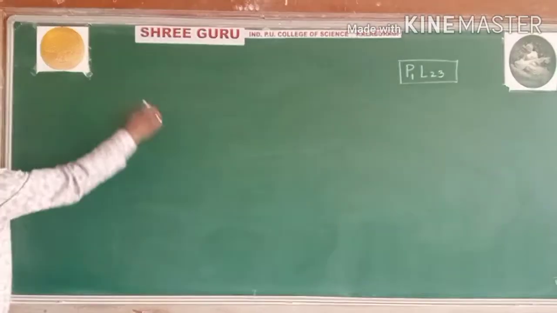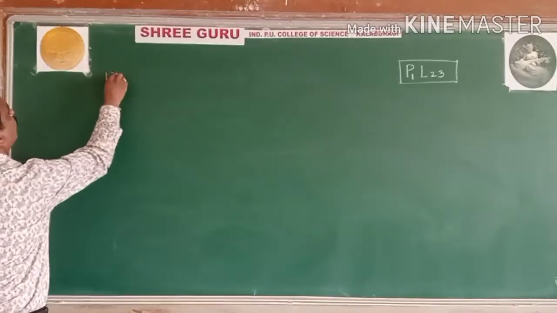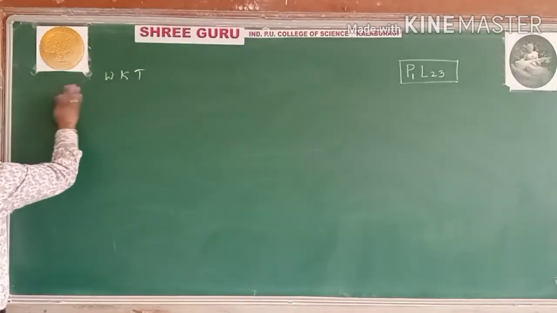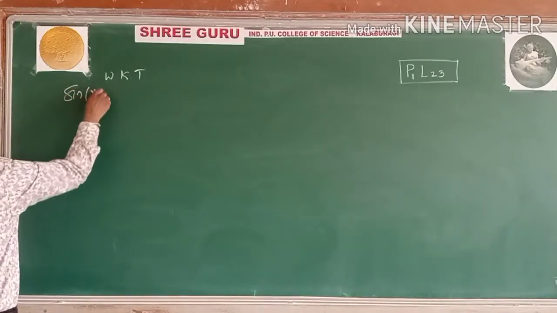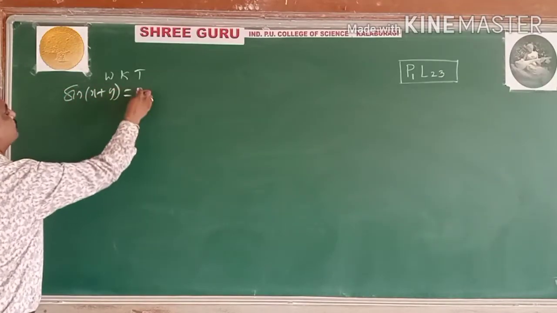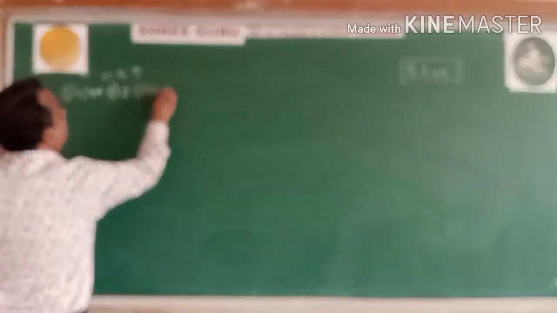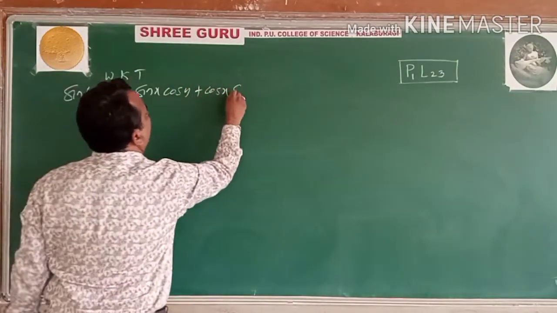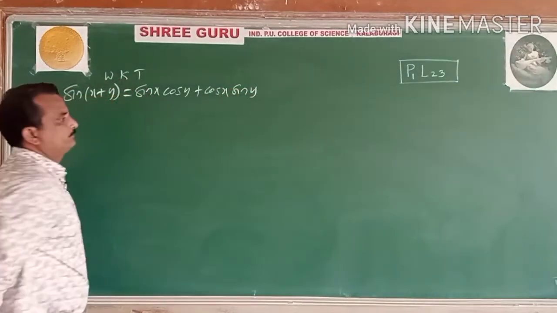I will transform these formulas in terms of sum and difference and product formula. Now see, we know that sin of x plus y is equal to sin x into cos y plus cos x into sin y.